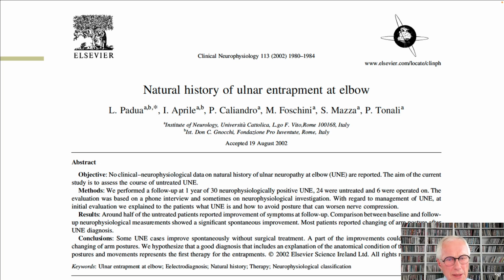Luca Padua and his group looked at the natural history of ulnar entrapment at the elbow. Again, you see that there's no differentiation made between the different etiologies. All ulnar neuropathies at the elbow are lumped together.